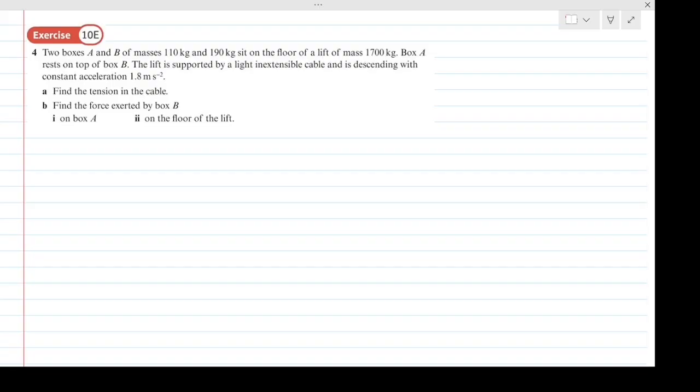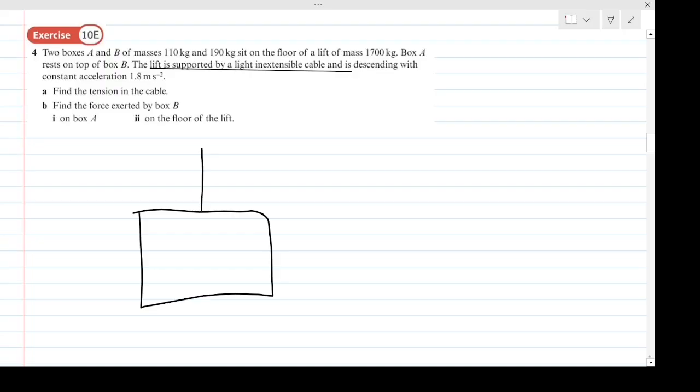So here we're told two boxes A and B of masses 110 kilograms and 190 kilograms sit on the floor of a lift. So if I draw a lift, then it perhaps looks like this. The lift is supported by a light inextensible cable, which again is going to be a cable upwards.